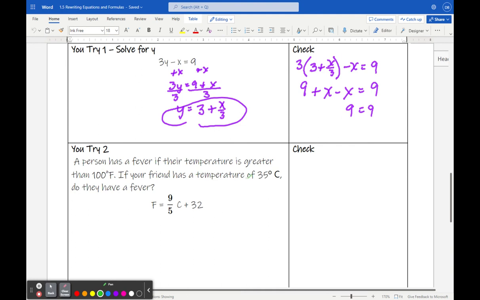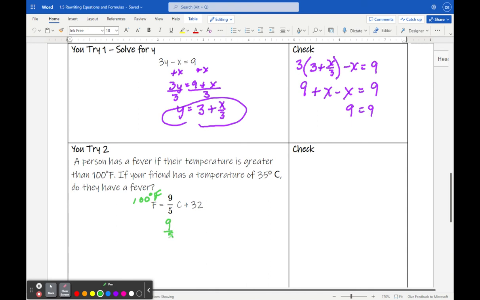All right, a person has a fever if they are over 100 degrees Fahrenheit. If your friend has a temperature of 35 degrees Celsius, do they have a fever? So I need to know if this becomes 100 degrees Fahrenheit. I could solve for C, or I could just substitute the 35 degrees in.